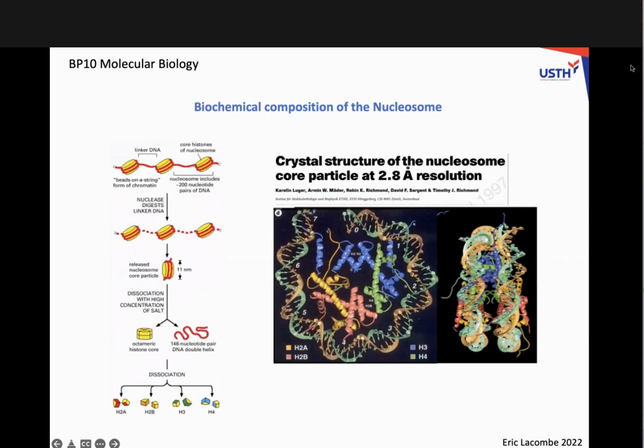On the right, you've got the first paper. I didn't put the date, but it's 97. In 97, there was the first crystal structure of the nucleosome at a very high resolution, 2.8 angstrom, that was published in Science. It's a very important publication.